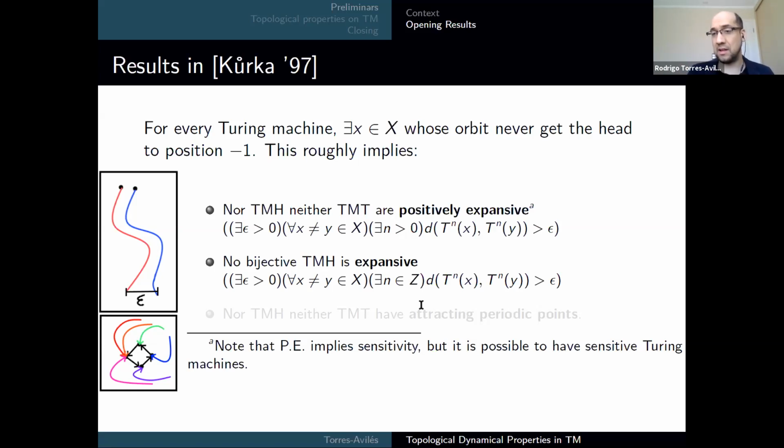This means that the difference is not seen in the future nor in the past. And neither TMH nor TMT can have one attractive periodic point. If we cannot modify the left part of the tape, we have at least two attractive periodic points for any Turing machine, so it's impossible.